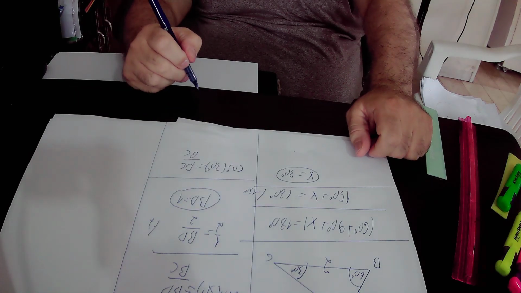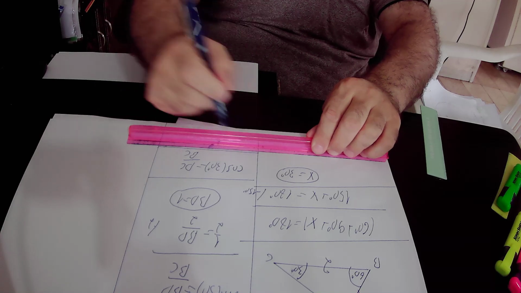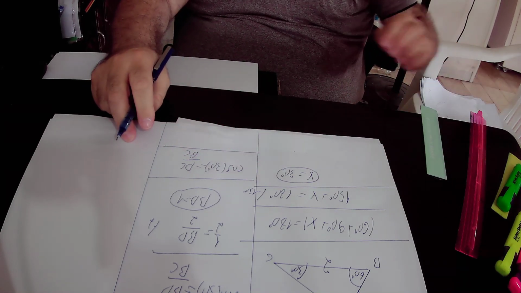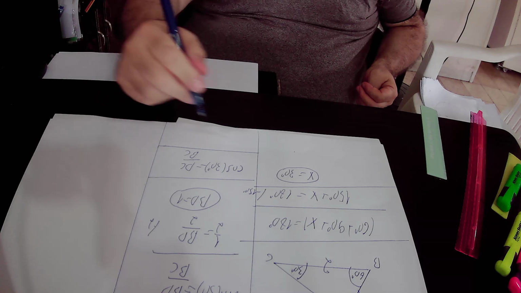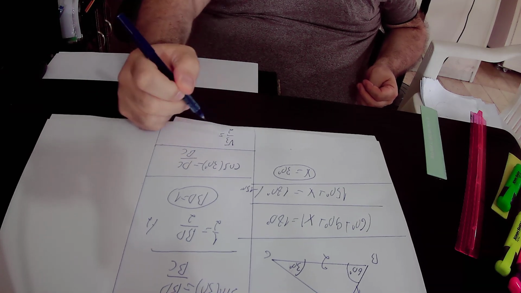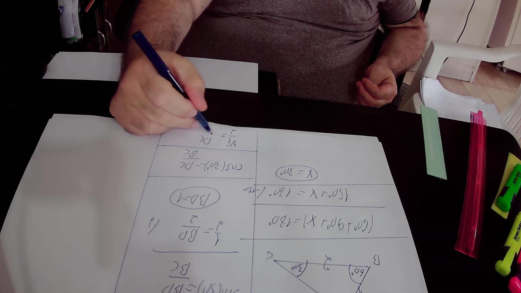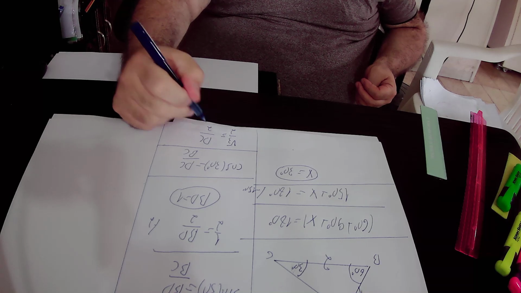Cosine 30 degrees is square root of 3 over 2, and it is equal to DC over BC, and BC equals 2.